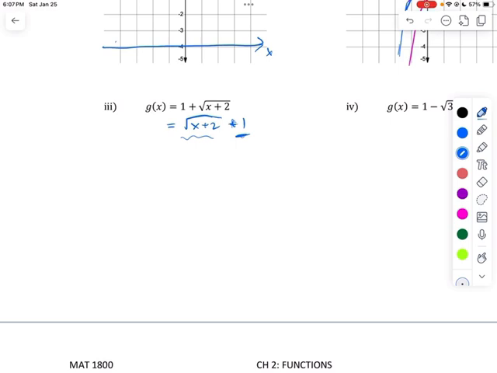Okay, so we start with the base function. So base function is square root of x. So starting from inside here, the factor square root of x plus 2, what does that give you? Shift left 2 units.